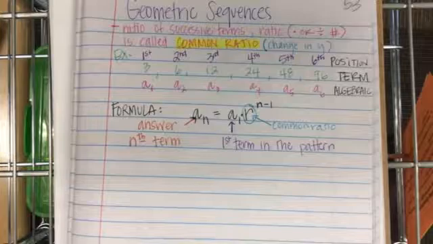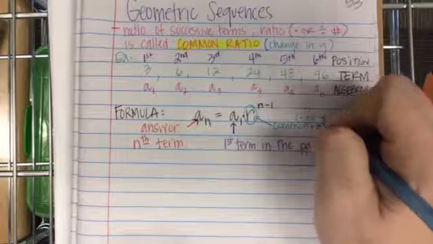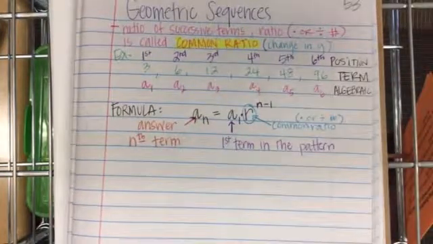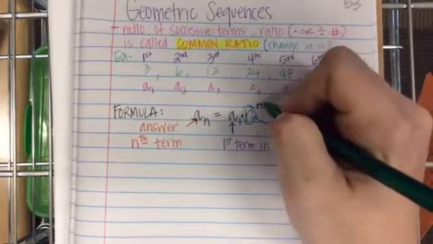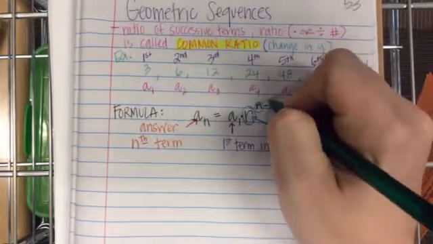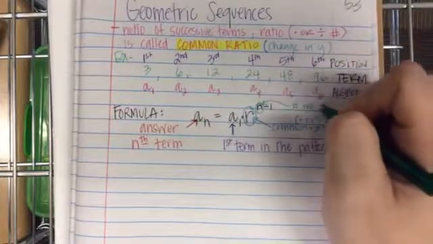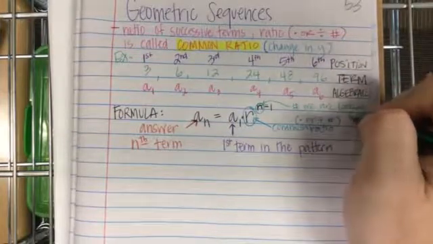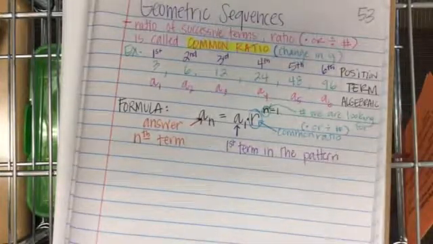And the common ratio is the multiply or divide number. And then n minus 1, n is the number we are looking for. So if you're looking for the 100th term, you put 100 in there. 100 minus 1.